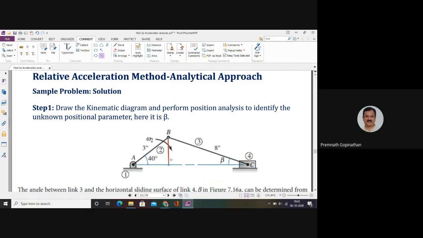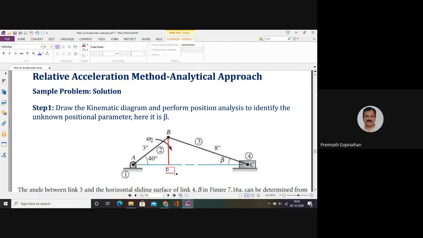So I've just directed a perpendicular from B onto AC. I can name that particular point as D just for identification. Now I have two triangles, both are right angle triangles. I can indicate one as ABD and another one as CBD. Okay.